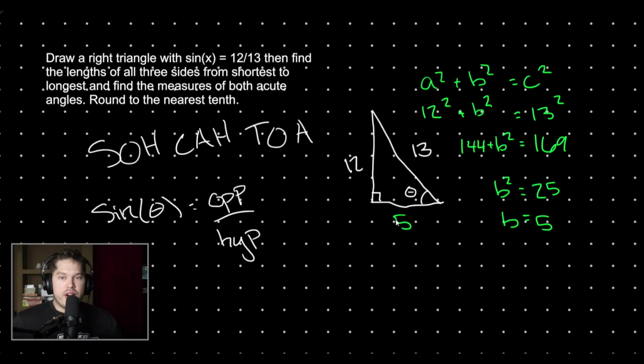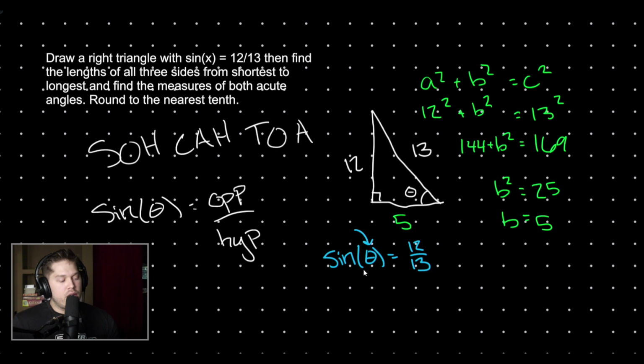Okay, now we want to find the two missing angles. We want to find out what theta is. So how can we do that? Let's go ahead and change colors. Well, we know that sine of theta is equal to 12 over 13. How can we find this angle?